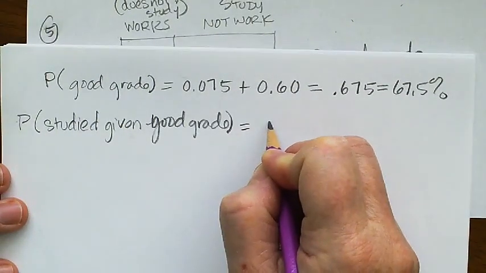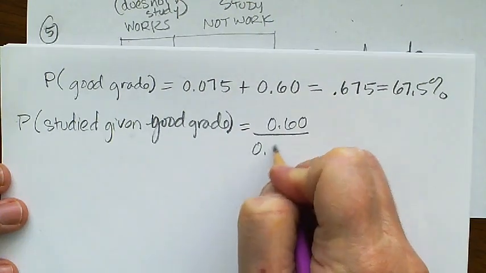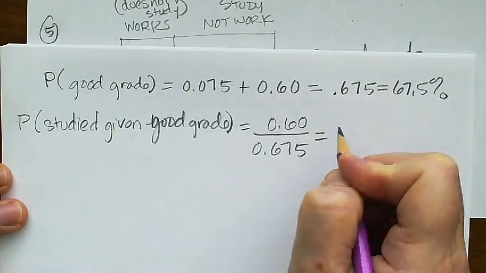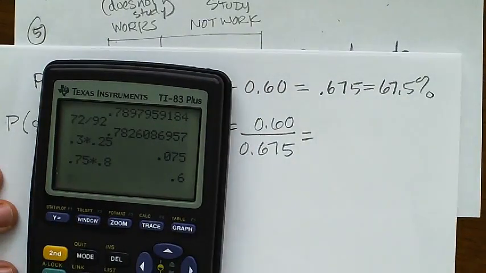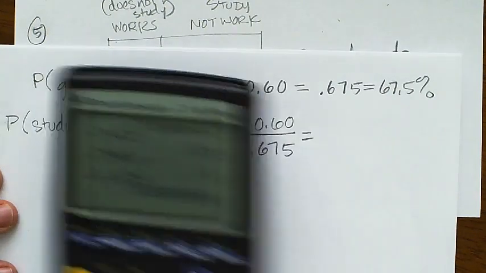So 0.60 divided by 0.675 would be about 89%.